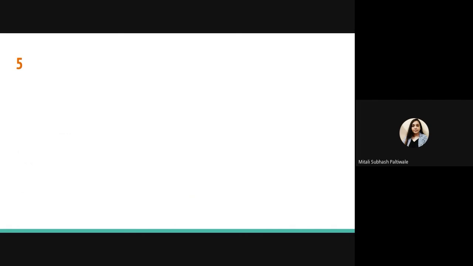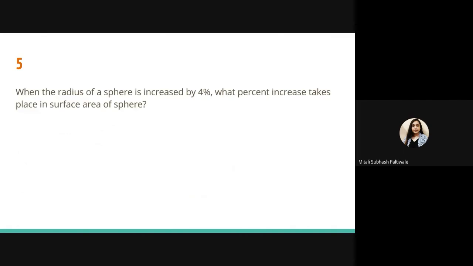Now next, this is something which is again related with your 3D shape. When the radius of a sphere is increased by 4%, what percent increase will take place in the surface area of the sphere? Okay. So the percentage increase in surface area will be 2 into x plus x square by 100.